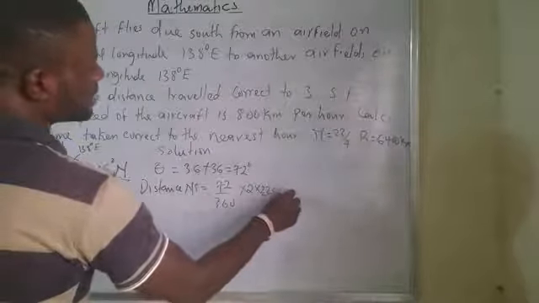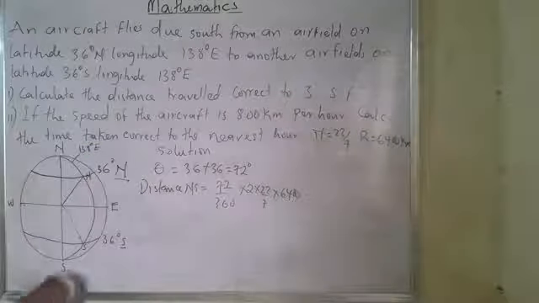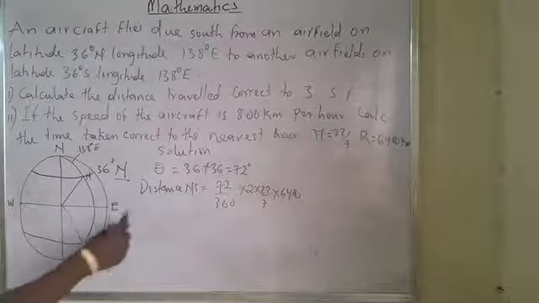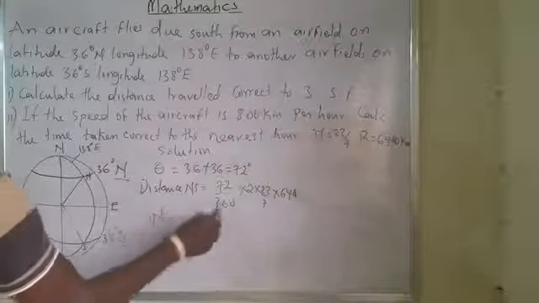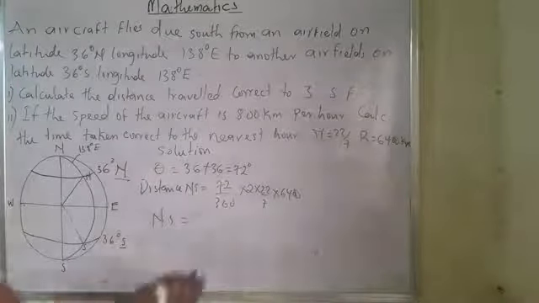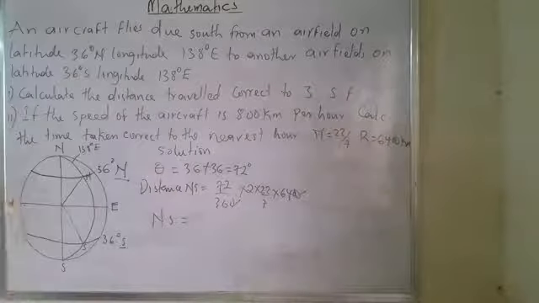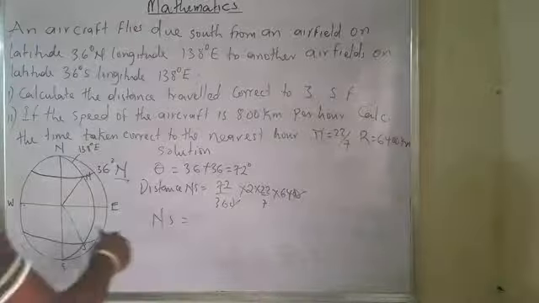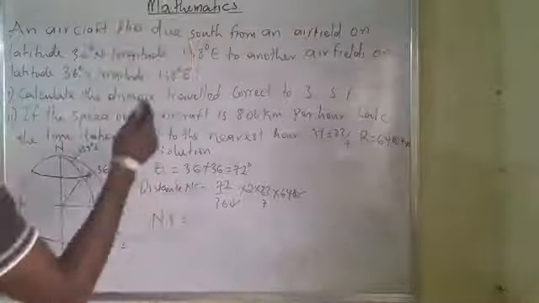multiplied by 6,400. As I've explained earlier, with the help of my calculator, normally I can cut, but it's good to apply the calculator at this point. Multiply the ones on top, multiply the ones below, and divide them together.